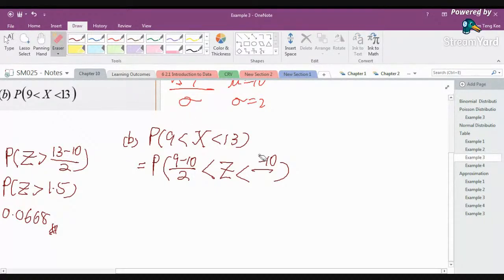So I have (9 minus 10) divided by 2, and also (13 minus 10) divided by 2. As a result, I have P(negative 0.5 less than Z less than 1.5).